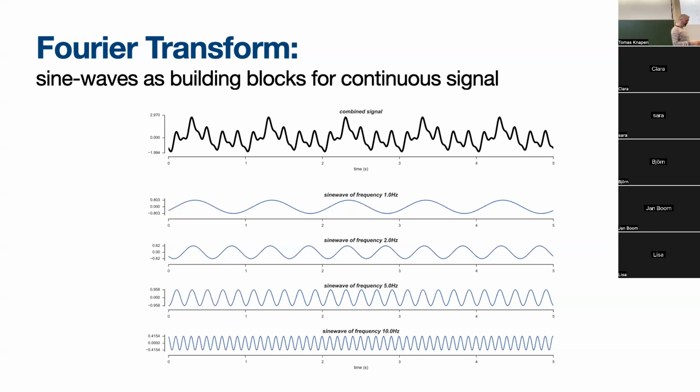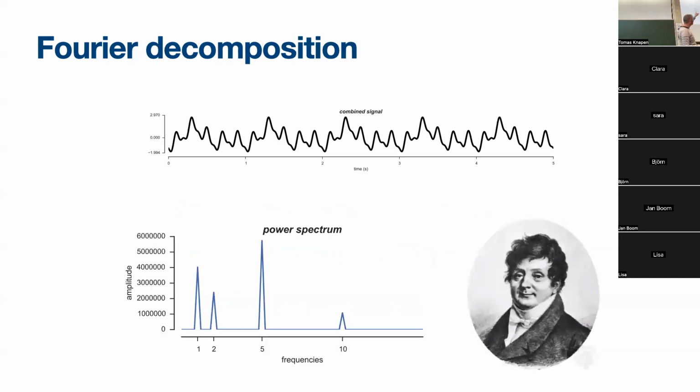The fun thing is that any signal can be considered a combination of sine and cosine waves. The amplitudes at each frequency we call a power spectrum. That is the strength of each of the frequencies in the time series signal that we are measuring.